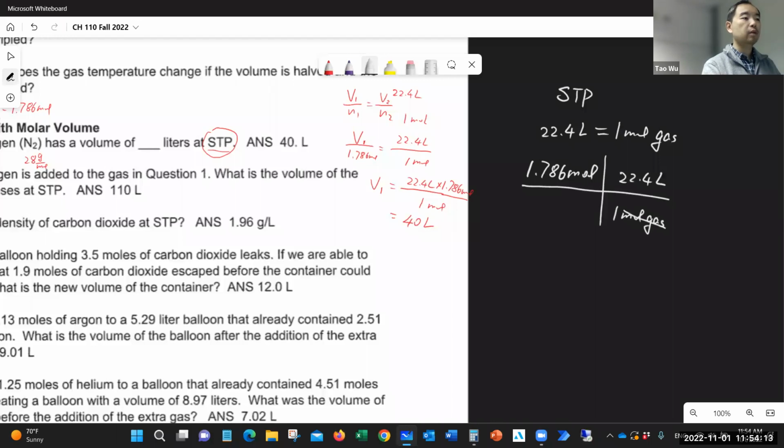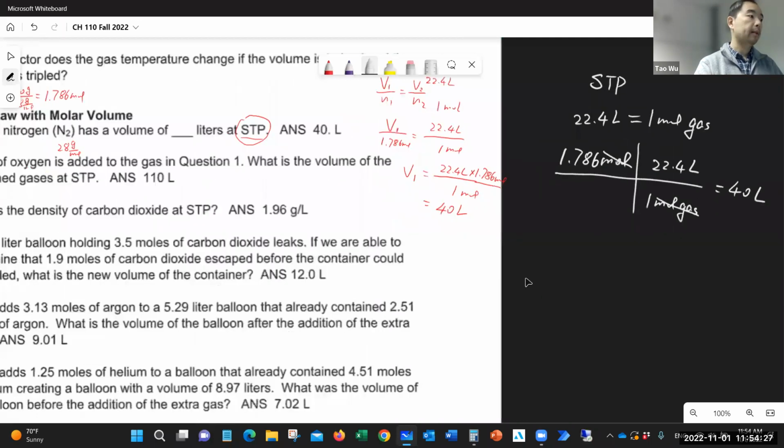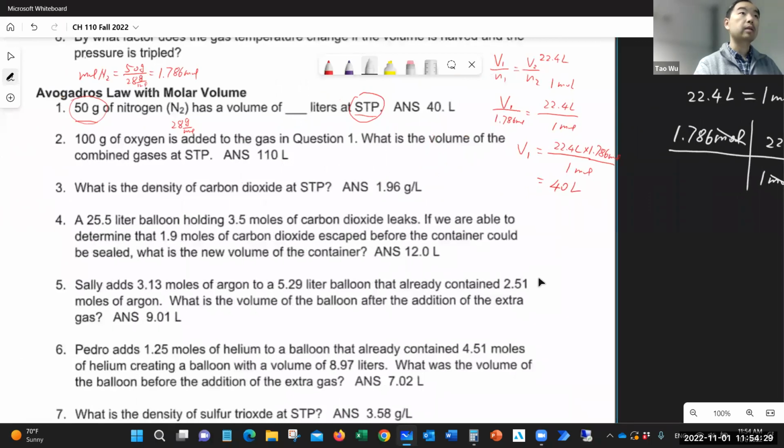So moles of gas, moles cancel, you still get 40 liters. The same thing. It doesn't matter which one you choose, you can do the same thing to solve this problem. Make sense, right?